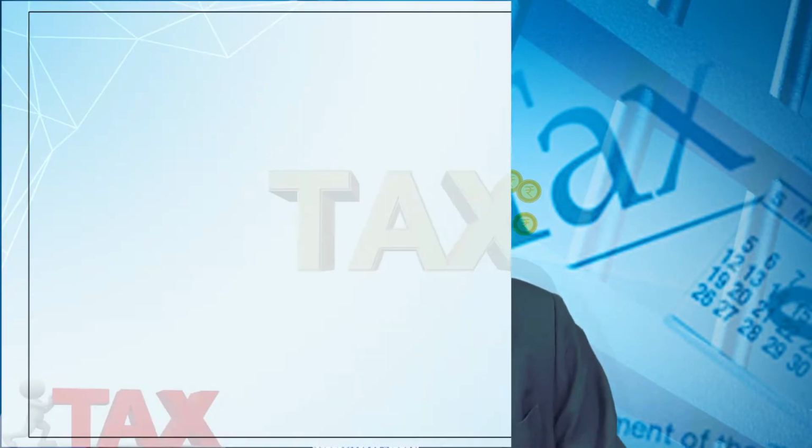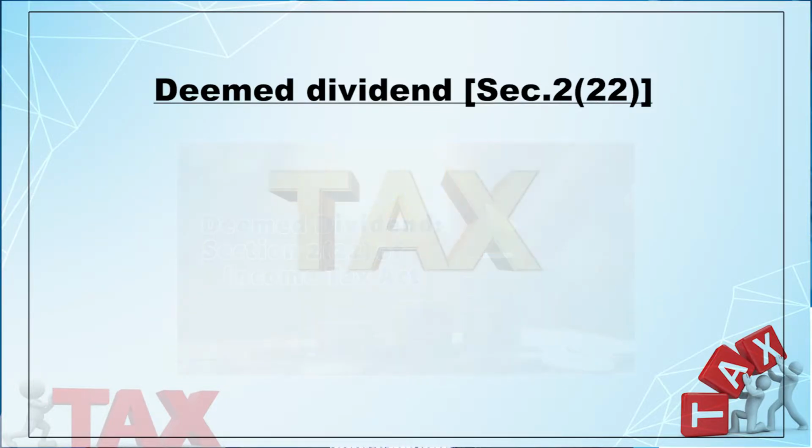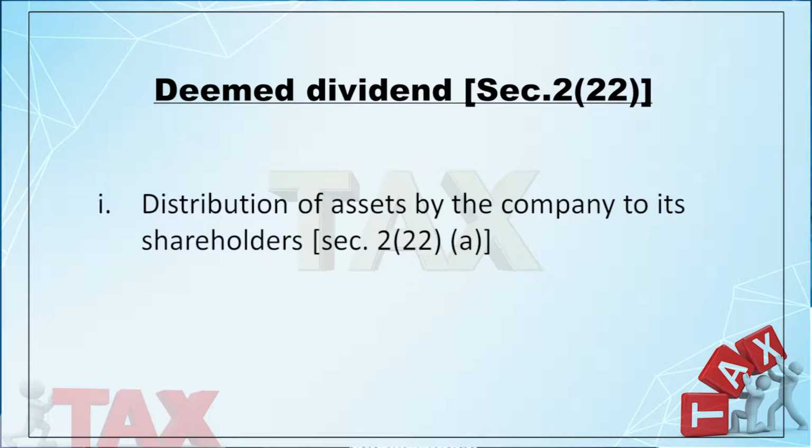Let's see what are the distributions which are termed as deemed dividend under Section 2 subsection 22. As per subsection 22, there are 5 types of deemed dividend. Number 1 is the distribution of assets by the company to its shareholders.